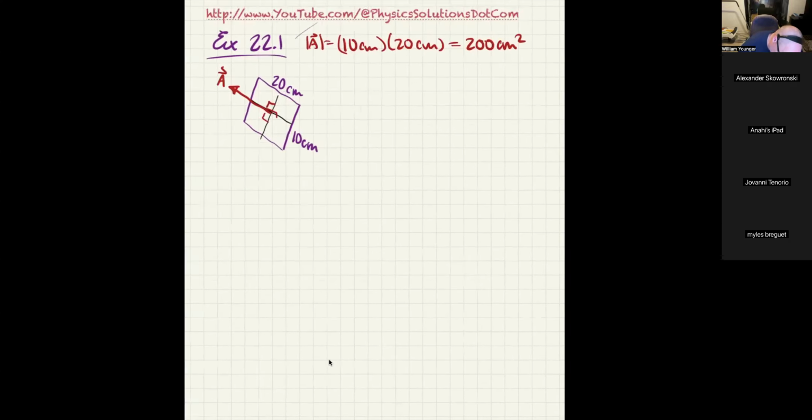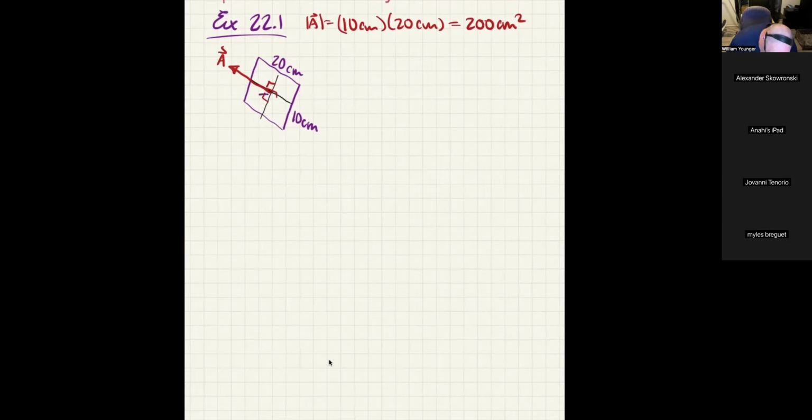Now, I actually dropped my pen and must have written on here by accident, so let me get rid of that. All right, so there's our area vector. And then what they have is an electric field vector, E, and the magnitude of the electric field vector is 200 newtons per coulomb. Okay. And this angle between them is theta. And according to the problem, theta is 30 degrees. And what they want to know is what is the electric flux.